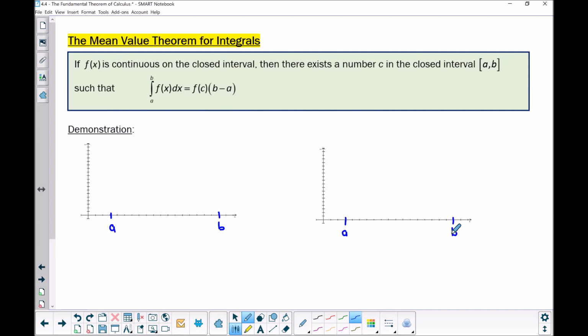Now, I want to just make up some generic function f of x on the left side. And you don't have to draw it in the exact same location, but if you can make it look a little bit like this graph, it will be a little helpful. It's just an increasing graph that changes from concave down, up to concave down.